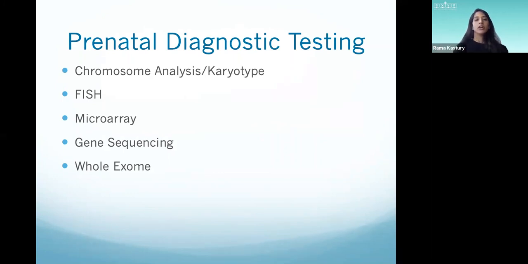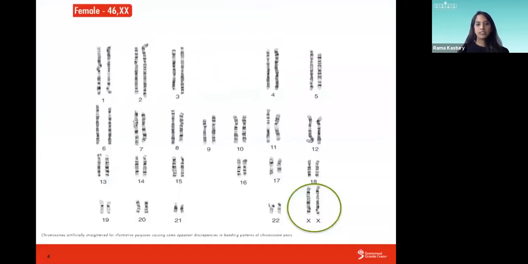So this is an overview of the tests that are available once we've done the CVS or amnio. The first test is a chromosome analysis or karyotype. That chromosome picture that I showed in the very beginning is a picture of a chromosome analysis. So we splay out all the chromosomes. It's a human being looking under a microscope.